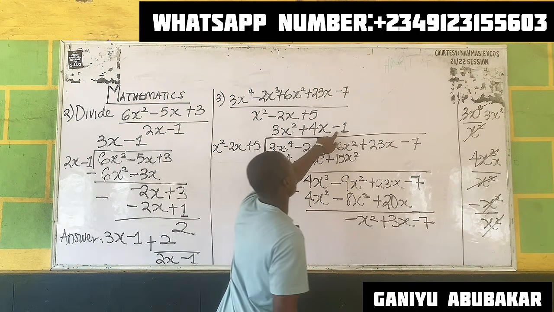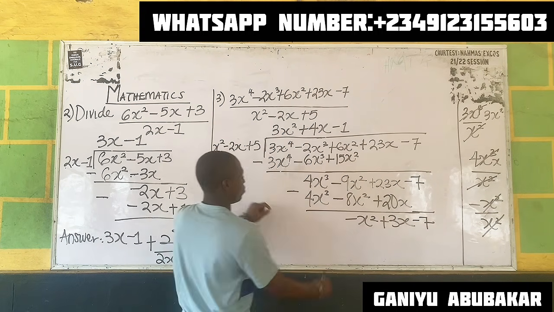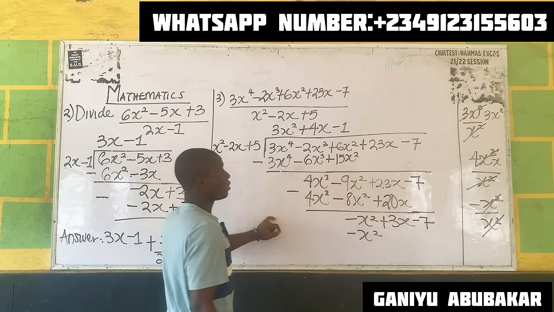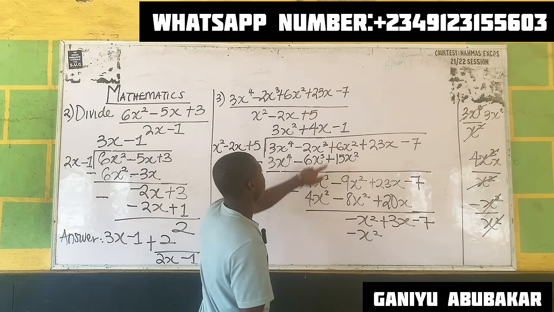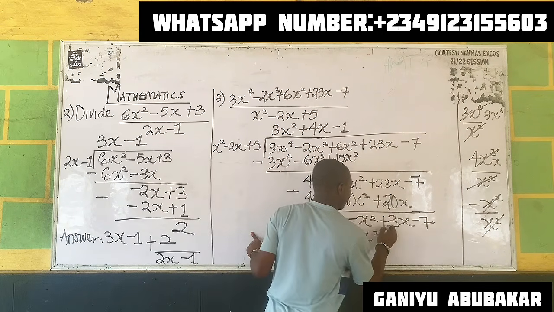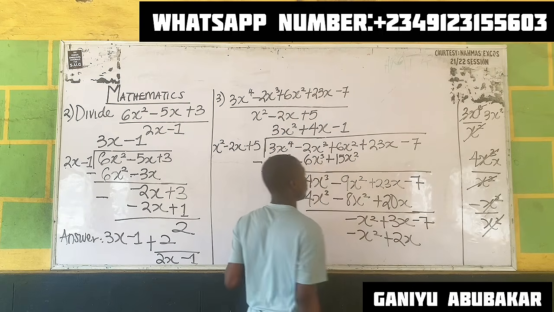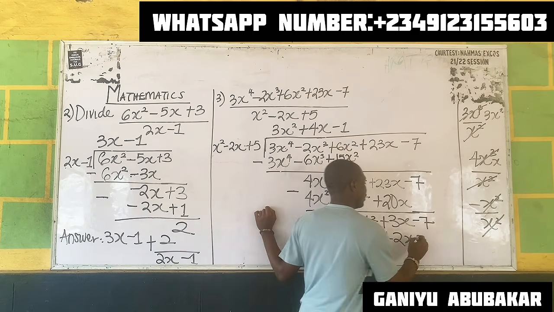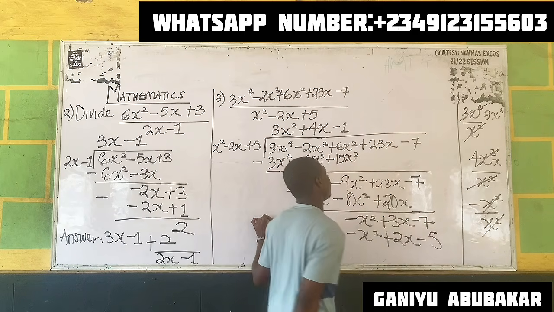Minus 1 times x squared gives you minus x squared. Next task. Minus 1 times minus 2x gives you positive 2x. Minus 1 times plus 5 gives you a negative 5.